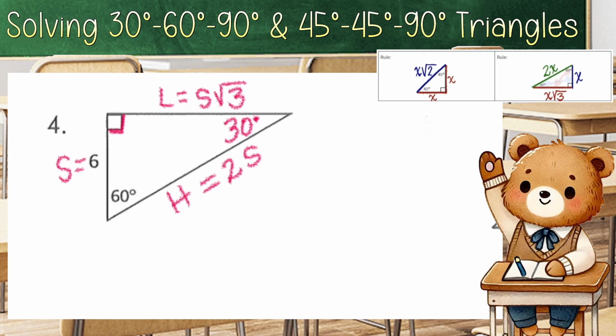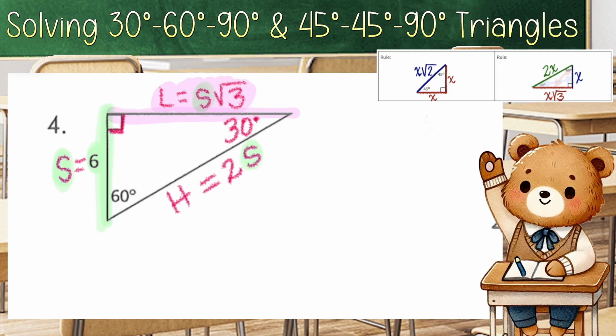Yes, green for short and pink for the long leg. So green right here is my short leg, and I know that the length of it is 6, and I used S to stand in for it. Now that S is going to get plugged into those formulas. And then my long leg is S times root 3, and that's this side right here.